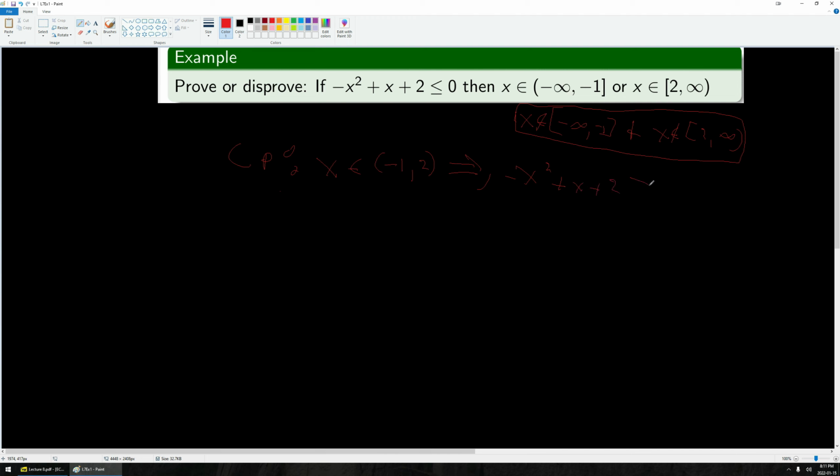And for the sign, we just want greater than, because we need to exclude the equal to case here. Okay, so if I wanted to do a contrapositive, I need to show, hey, if x is here, then this is true. So again, this can be quite useful in some cases, more so when you just have a single bound, but just kind of chasing it out a little bit.